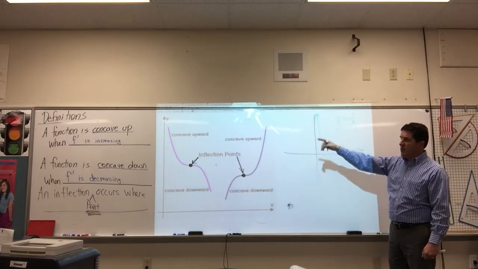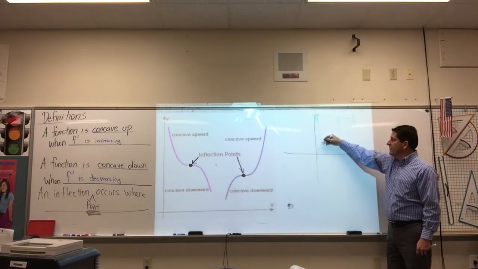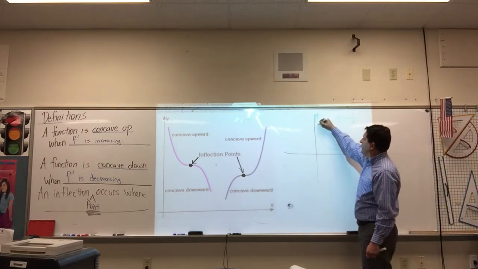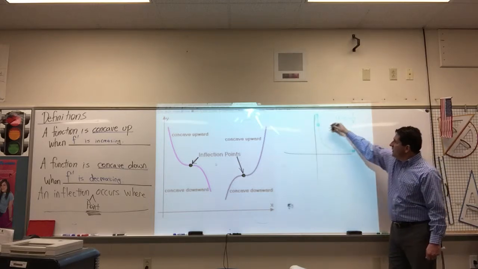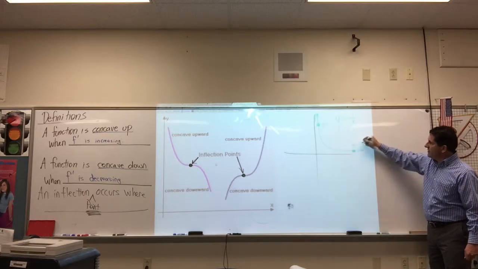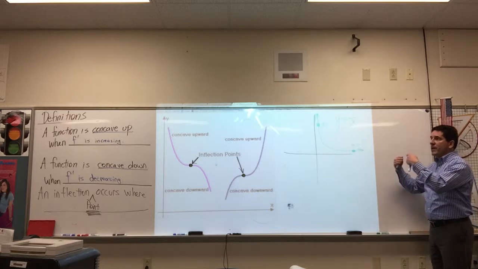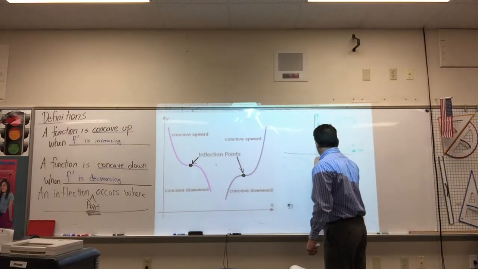Okay, f prime is increasing, going from really super negative to close to 0. Always pick the extremes when you're trying to test something like that. Pick this point here and pick this point. Look at this. This slope is really negative. This slope is getting close to 0. The slope f prime is increasing.